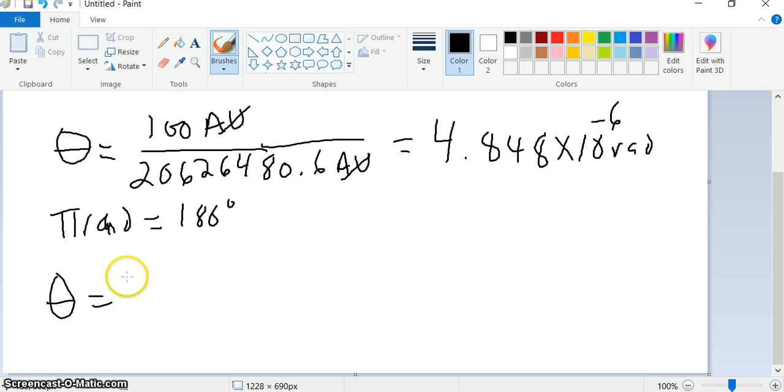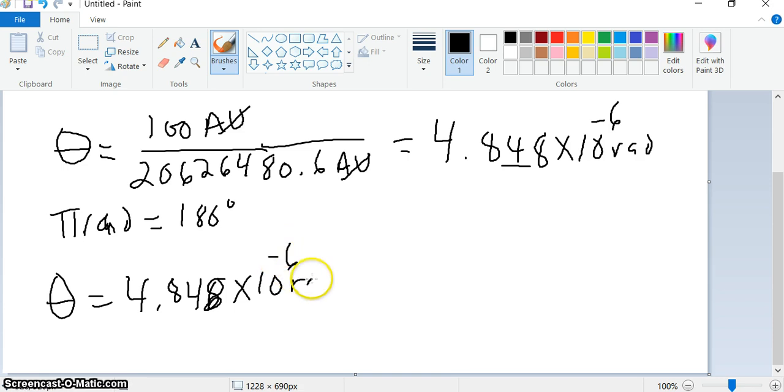So theta is 4.848 times 10 to the minus 6th radian, and we know that there are pi radian in 180 degrees.